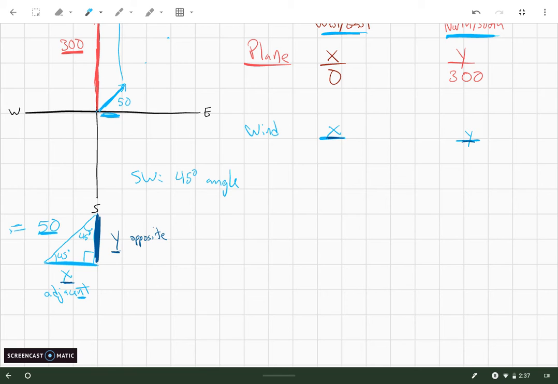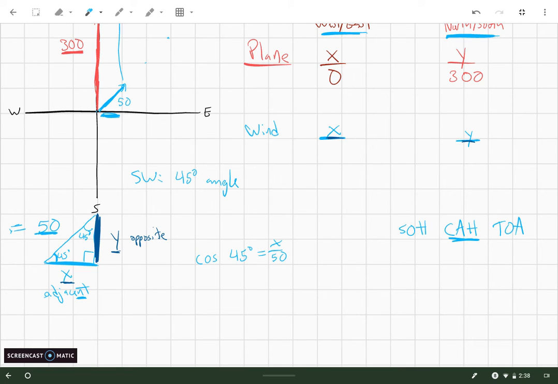So I have the hypotenuse, 50, I have the adjacent, x, and I have the angle 45. If you remember which one uses adjacent and hypotenuse, we have SOH, CAH, and TOA. We're going to use CAH to find the x value. So cosine of 45 degrees equals x over 50.